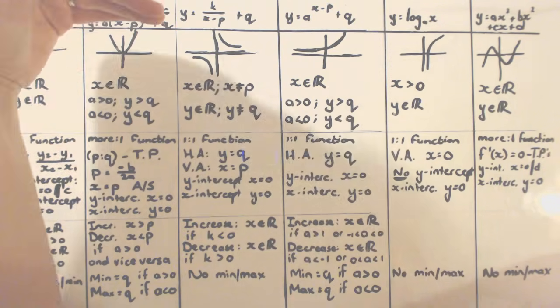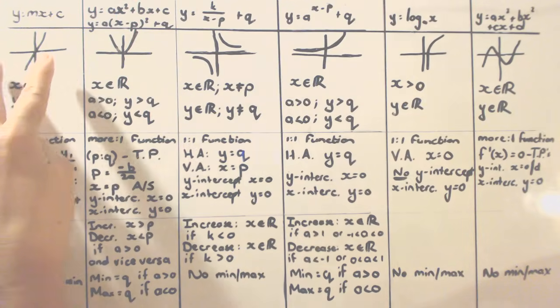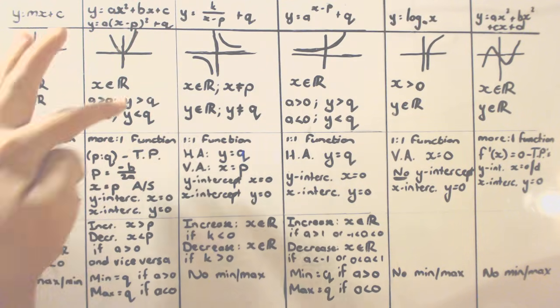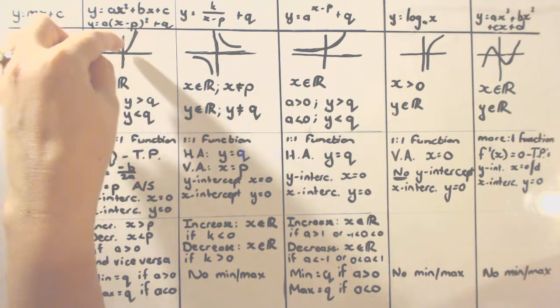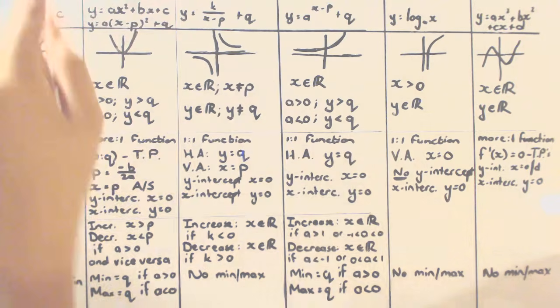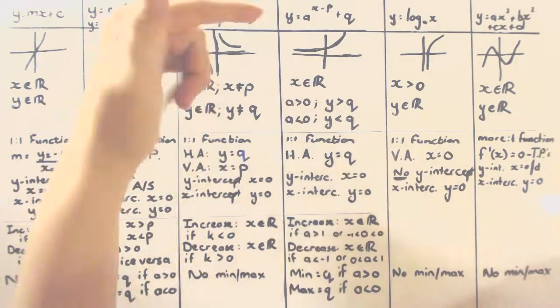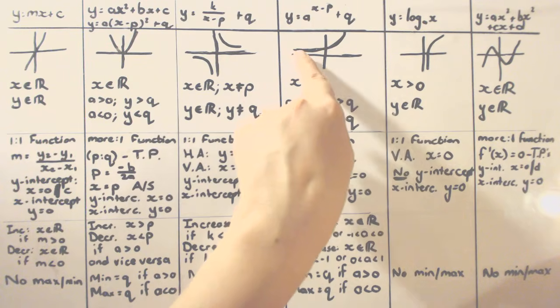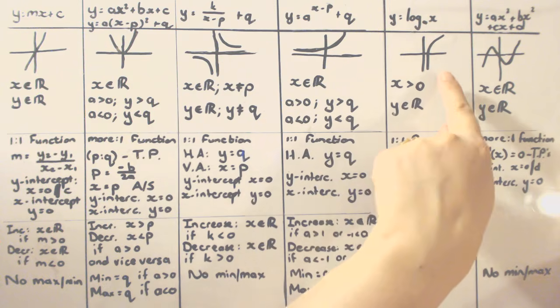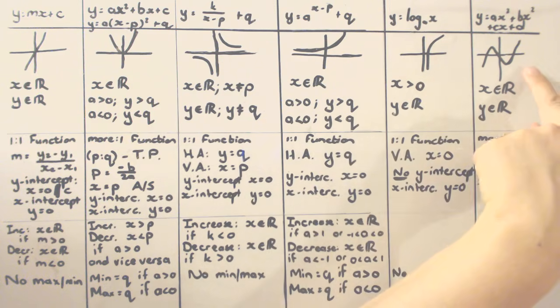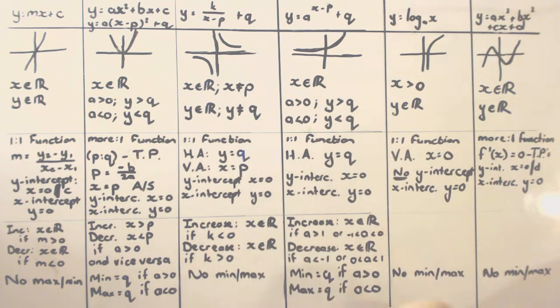So if I do the horizontal line test, this one succeeds, so it's a one-to-one function. This one has two cutting points in some places, so this is a many-to-one function. This one is also a one-to-one function, and so are the next two, and this one is a many-to-one function.